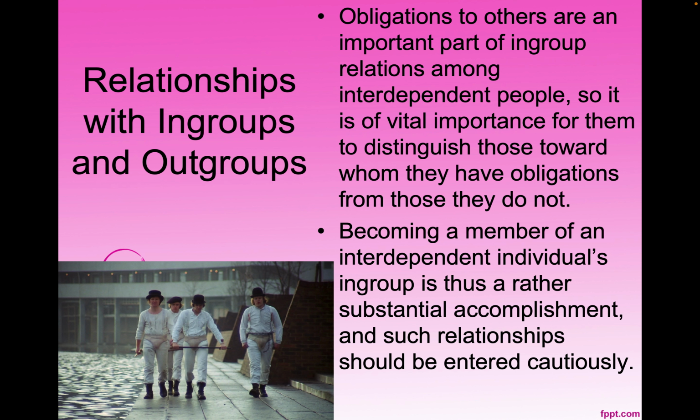Obligations to others are an important part of the in-group relations among interdependent people, so it is of vital importance for them to distinguish those toward whom they have obligations from those they do not. Becoming a member of an interdependent individual's in-group is thus a rather substantial accomplishment, and such relationships should be entered cautiously. In other words, you can't maintain too many friends.